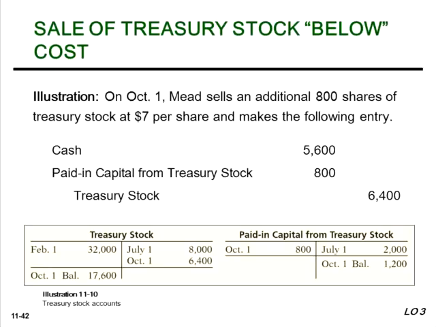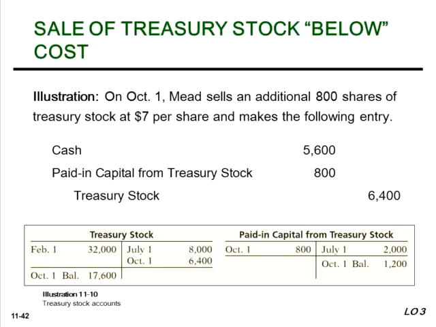The cost basis is $8, so we're taking 800 shares and multiplying by $8, so we're crediting treasury stock for $6,400. So the difference gets debited to paid-in capital from treasury stock, and that results in a decrease to the paid-in capital from treasury stock, which you can see in the T accounts.